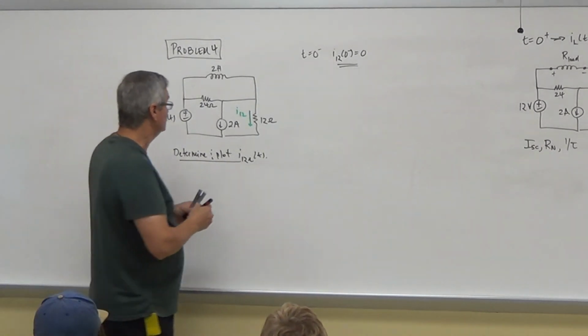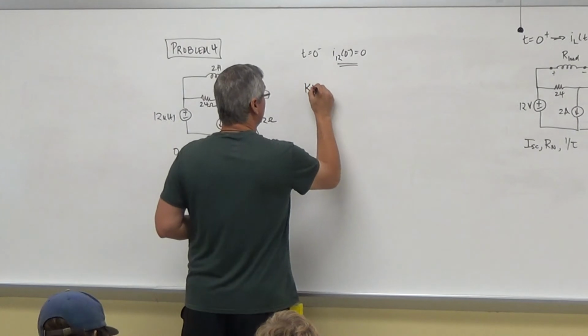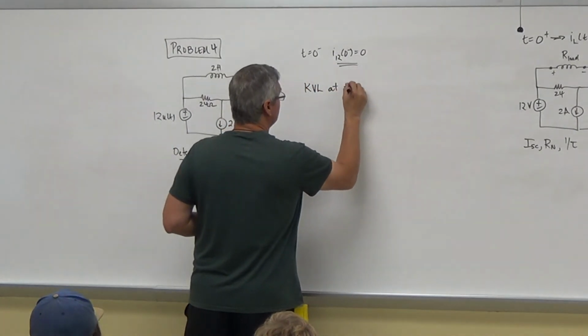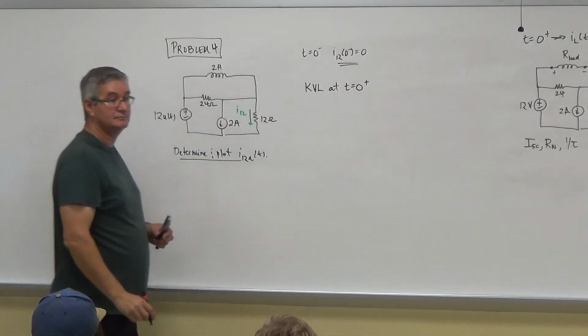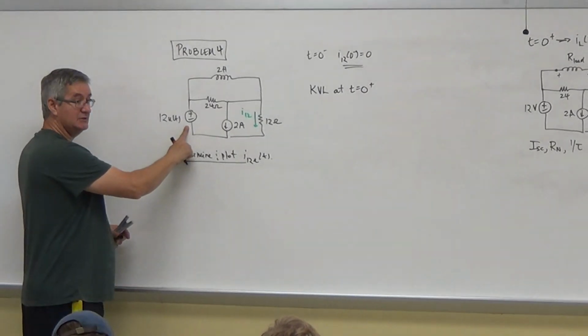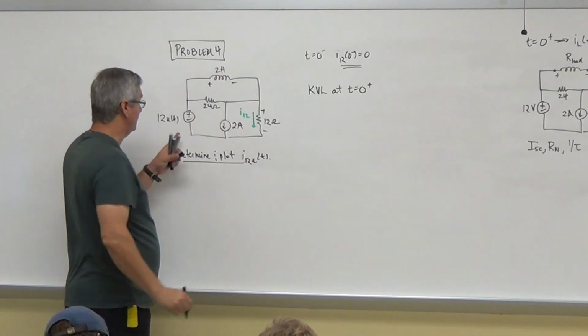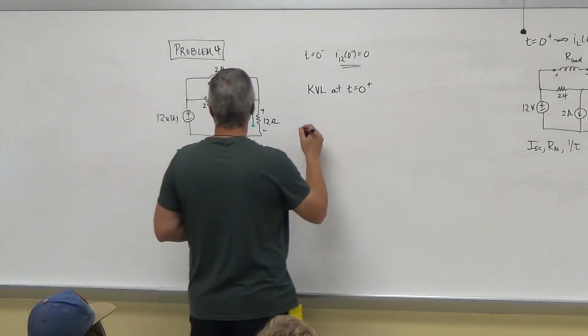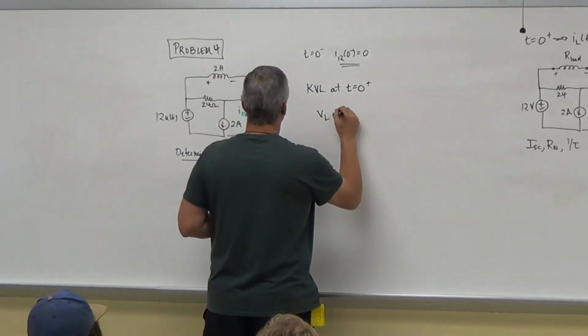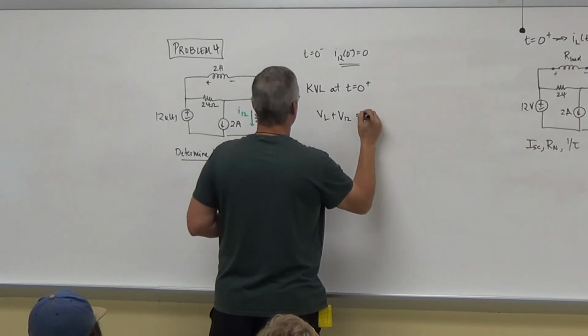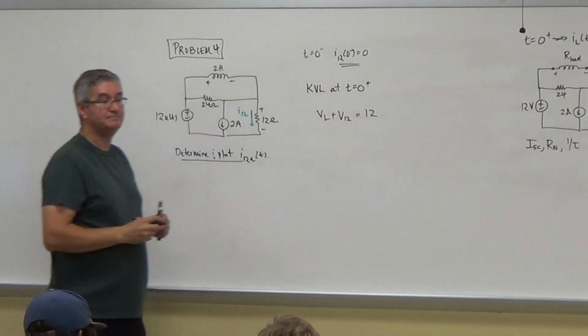Moving on. So now what I'm going to do here is I'm going to use KVL at t equal to 0 plus. So look at that. I got minus, plus, plus. So I'm assuming that for my source here, I'm going to get VL plus V12 gives you 12 volts.